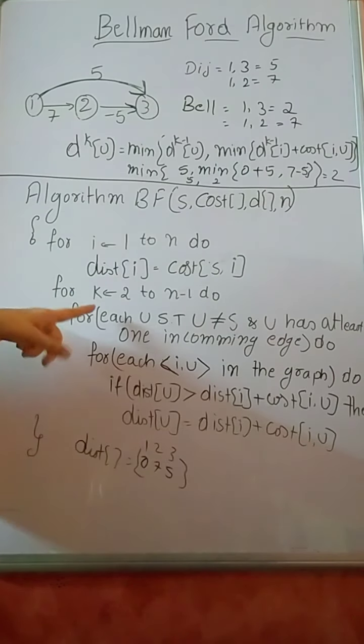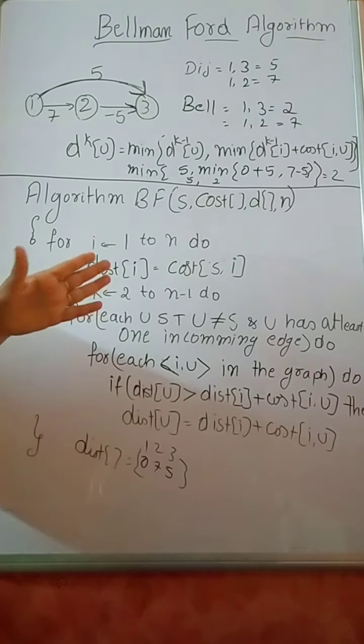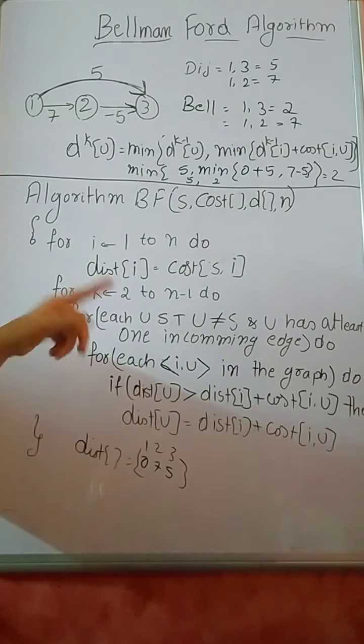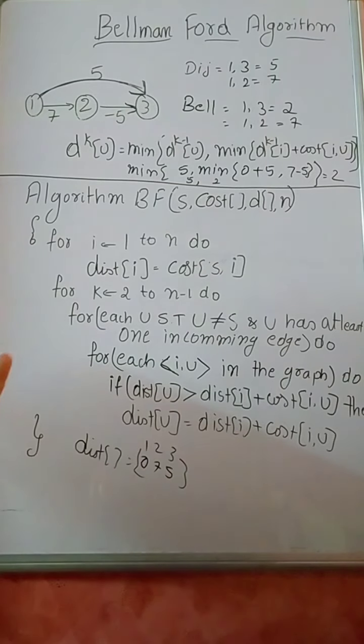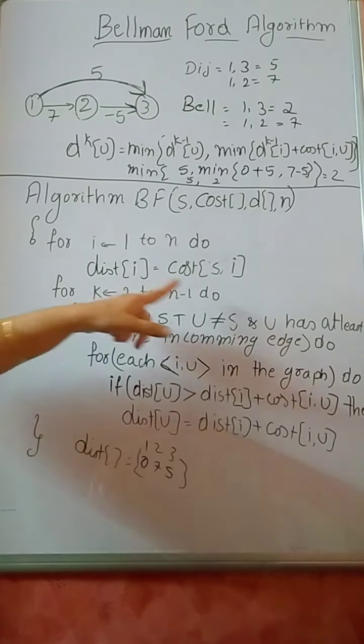Then what I am doing for k is equal to, because we are leaving the source vertex, it starts from second step, 2 to n minus 1.